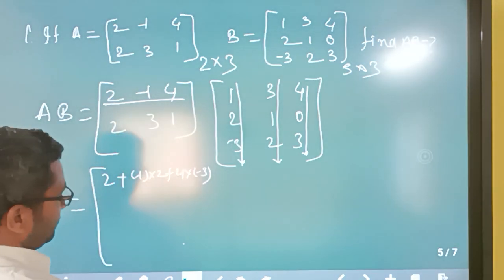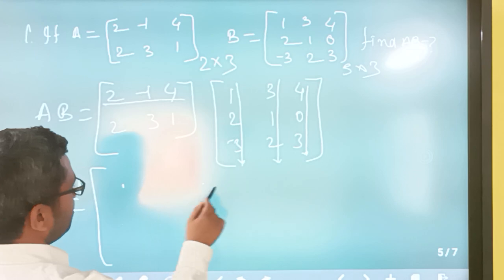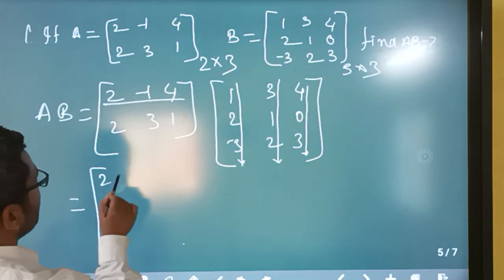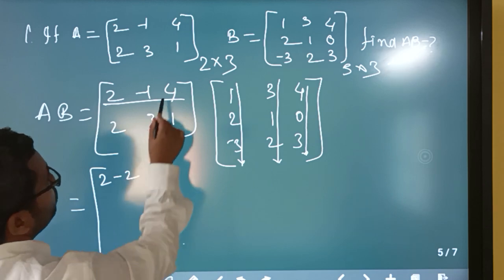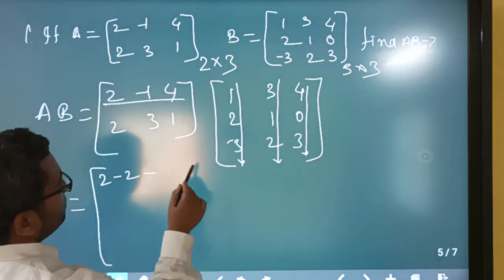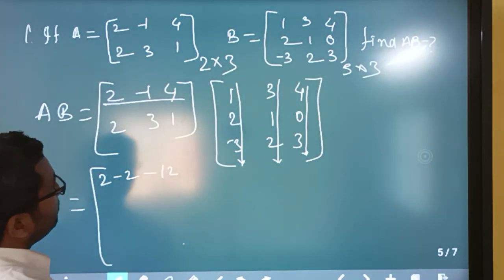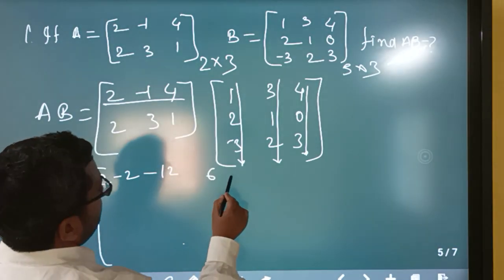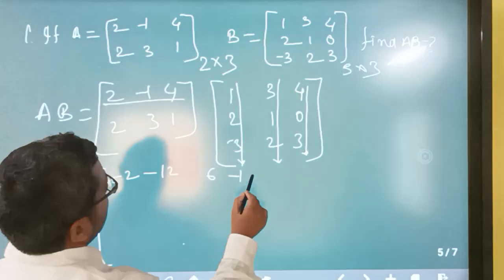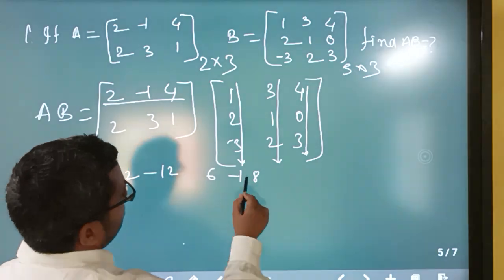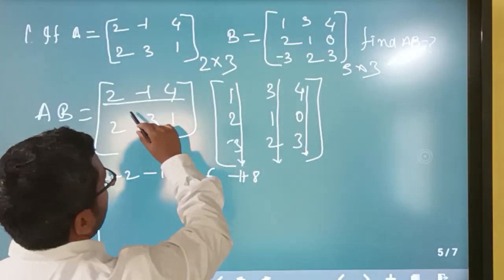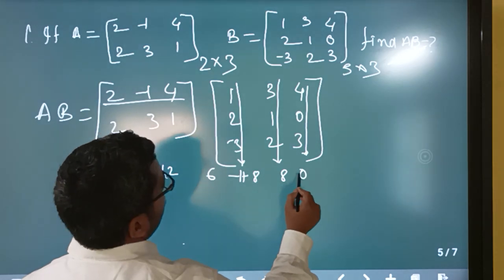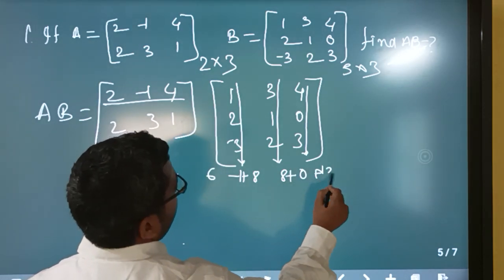So we can write directly: 2, minus 2, minus 12, 6 minus 1, 8 plus 8, 0 plus 12.